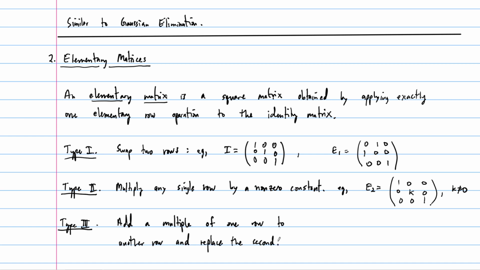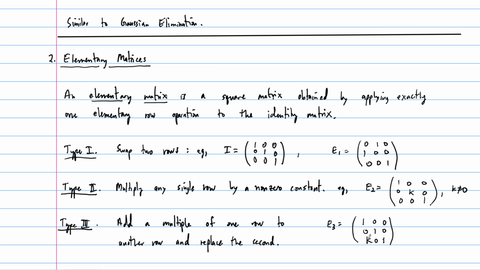So we're allowed to multiply one row, add it to another row, and then replace the second one. So in this case, E3, maybe we take row 1 and we add k times row 1 to row 3. So k times row 1 is going to make this k, 0, 0. Add it to row 3, it's going to become k, 0, 1. And then replace row 3, but leave the rest alone, right? So a type 3 elementary matrix could look like this.